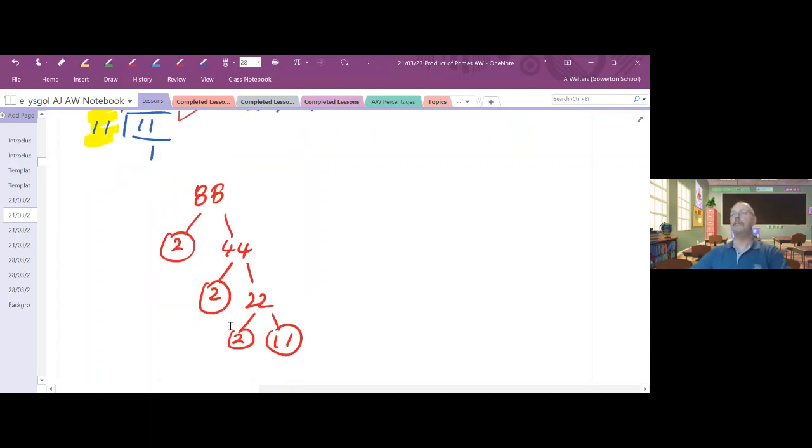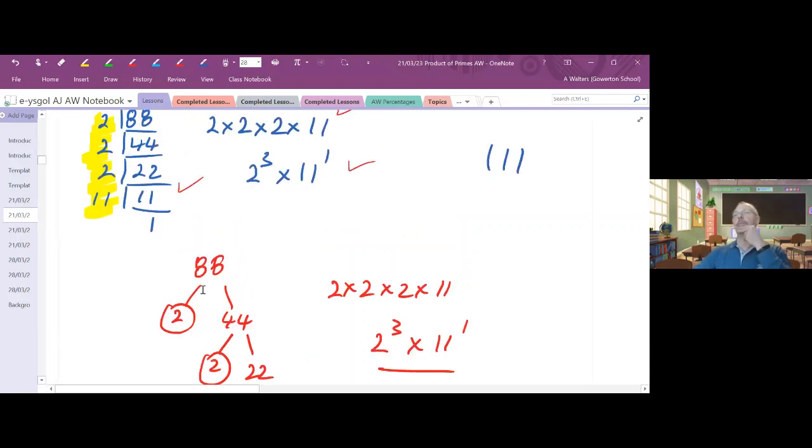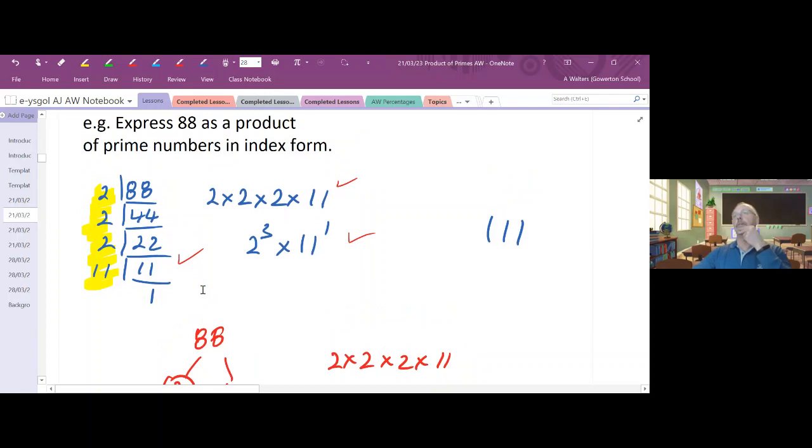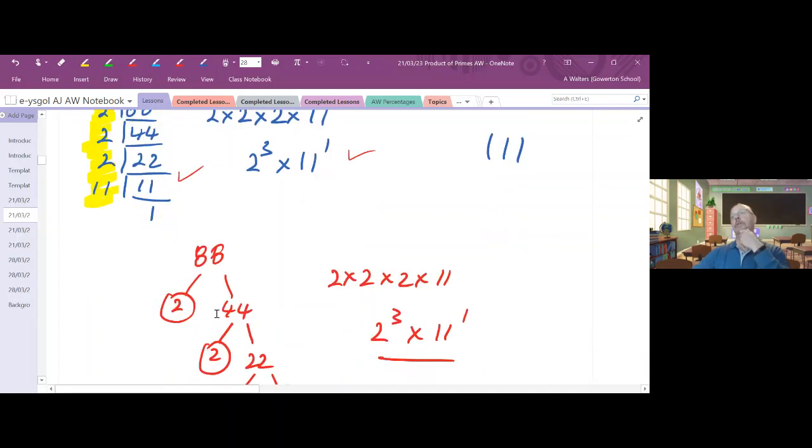So what I've got then is the same system. 2 times 2 times 2 times 11, or in index form, 2 cubed times 11, or 11 to the power 1. Okay. I'd encourage the top one, because when the numbers get more challenging, you know how to divide, and you'd have to do a division here anyway.